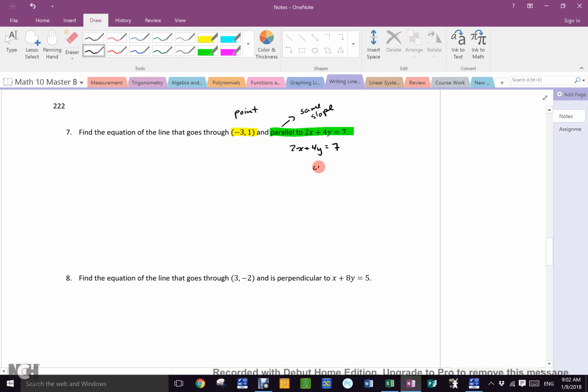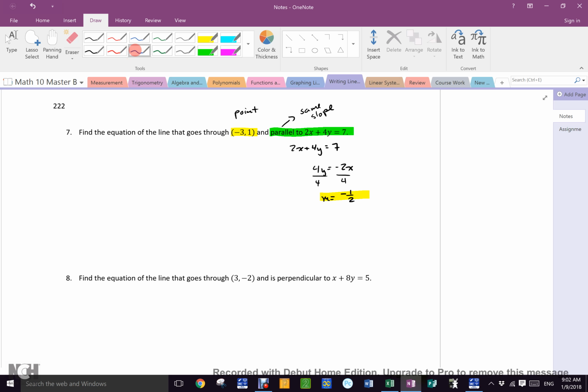Move the 2 over. 4y equals negative 2x. Do I even care about the 7? No, because I only need slope, don't I? Okay, so now what do I got to do here? Divide by 4. So the slope is negative 1/2. So now, do I have a slope and a point? So can I do point slope form?